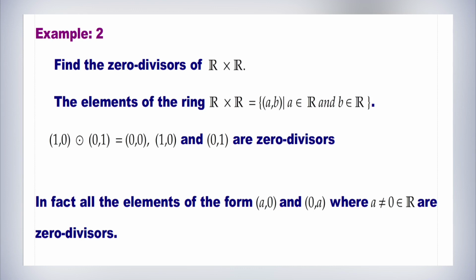In fact, all the elements of the form (a, 0) and (0, a), where a is not equal to 0 and belongs to R, are zero divisors.